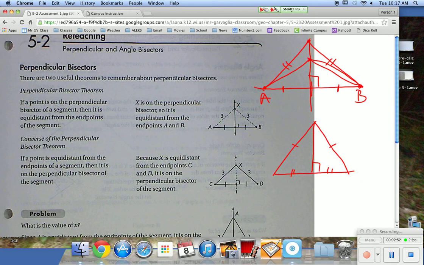Okay? So what kind of triangle is this? Isosceles triangle. If we have an isosceles triangle and we drop a line down from here and make it perpendicular, it splits this bottom side in half.